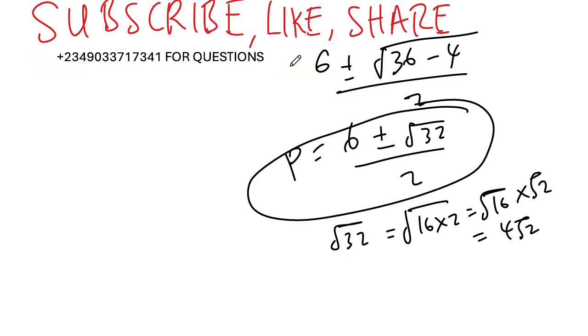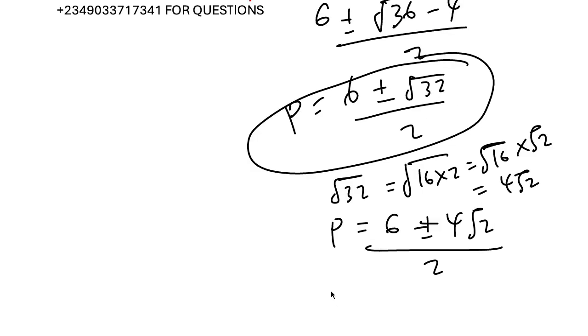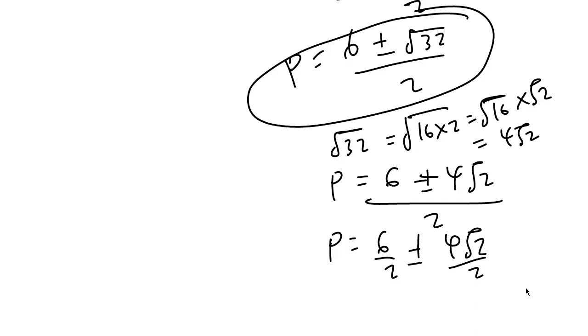Do you get? So we can write p as what? p is equal to 6 plus or negative 4 root 2 over what? 2. Do you grab? So we can divide each term by 2. That will be 6 over 2 plus or negative 4 root 2 over 2. And then on dividing through, we'll have p is equal to 3 plus or negative 2 root 2. Do you get? I just wanted to bring up this question so that you'll be able to do it in case what you're given to you cannot actually factorize or stuff like that.